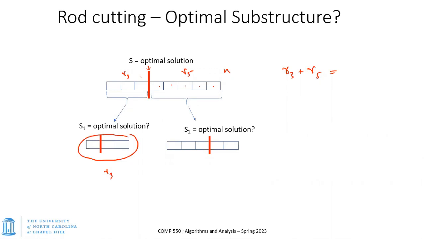You can think about what happens if it wasn't optimal. If S1 wasn't optimal, and there was another solution S1 prime, which was in fact the optimal solution to the rod of size 3, then what does that indicate? And where is this proof heading us?